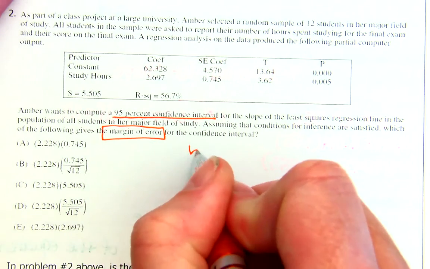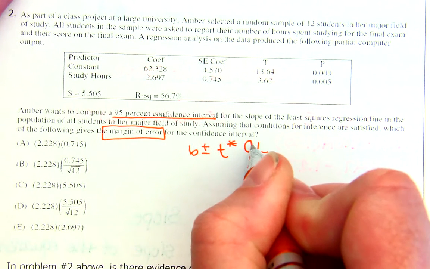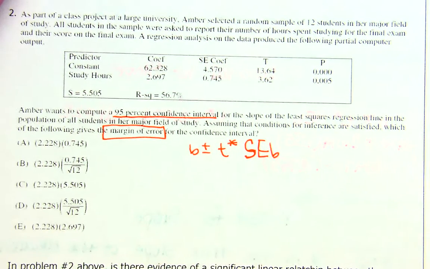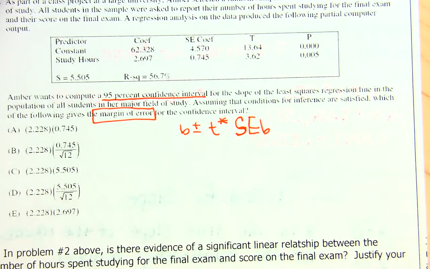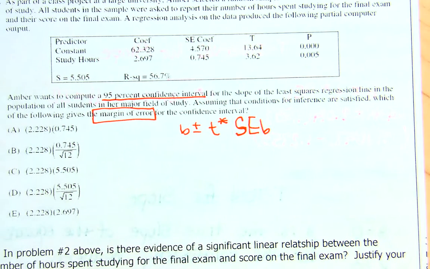So if we're looking at this formula for a confidence interval, what did I put a C? That's kind of a crazy looking SE, but you know what? It's good. Which part of this equation gives me margin of error?